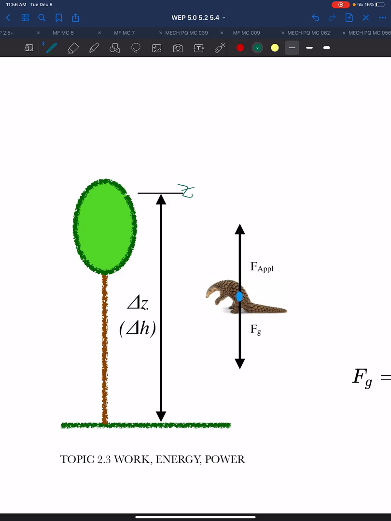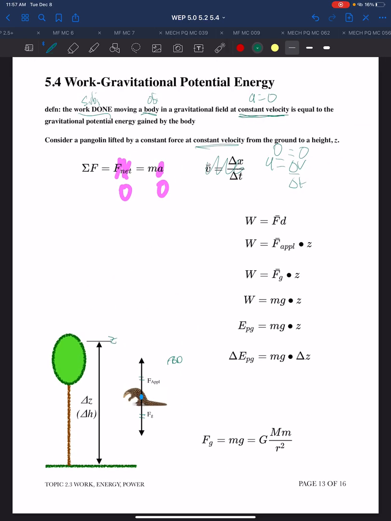What we see here in moving this pangolin is I've drawn a free body diagram, FBD, that shows the forces, the force applied raising it up, and the force of gravity acting downward. They are equal and opposite. So let's see what's going on here. The net force is 0, so that means the forces acting on the body are equal and opposite.